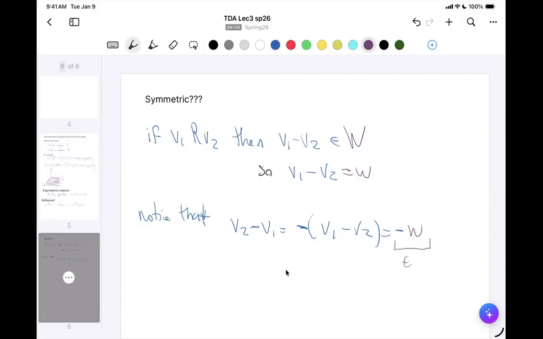And then transitivity just uses the property that the sum of two vectors is within the subspace.